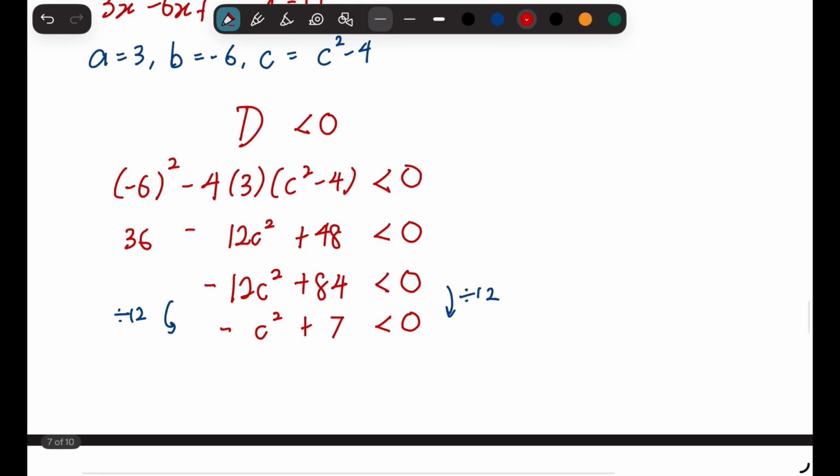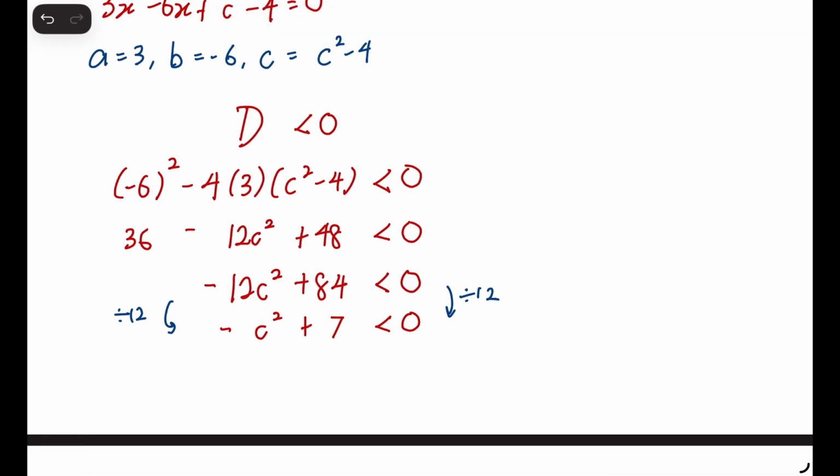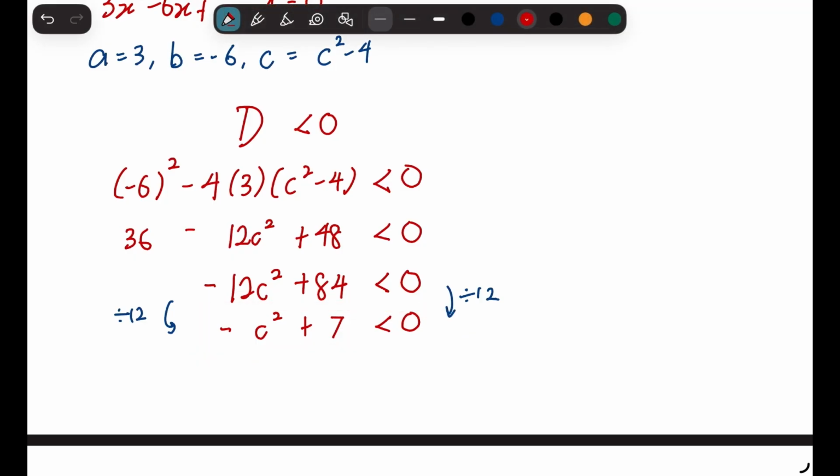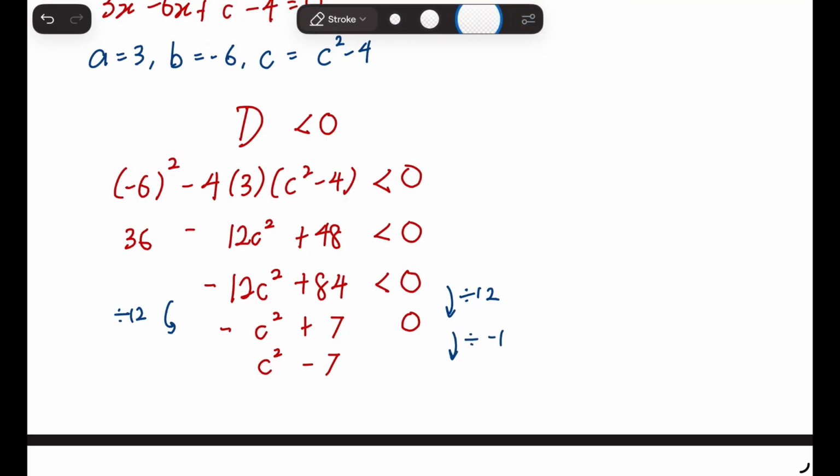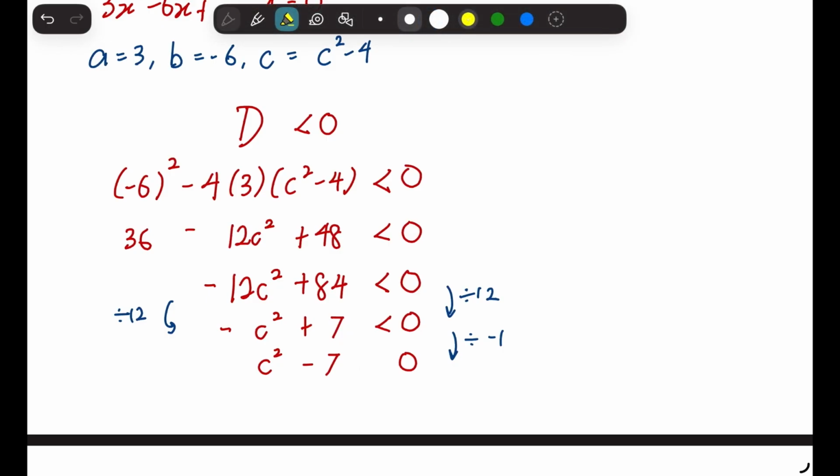And therefore, if I were to divide by -1 on both sides of this inequality, I can also make my c squared coefficient positive to make it easier to understand. But remember, when you divide an inequality by a negative number, the inequality sign must flip. So therefore, this would be c squared minus 7 must be greater than 0.